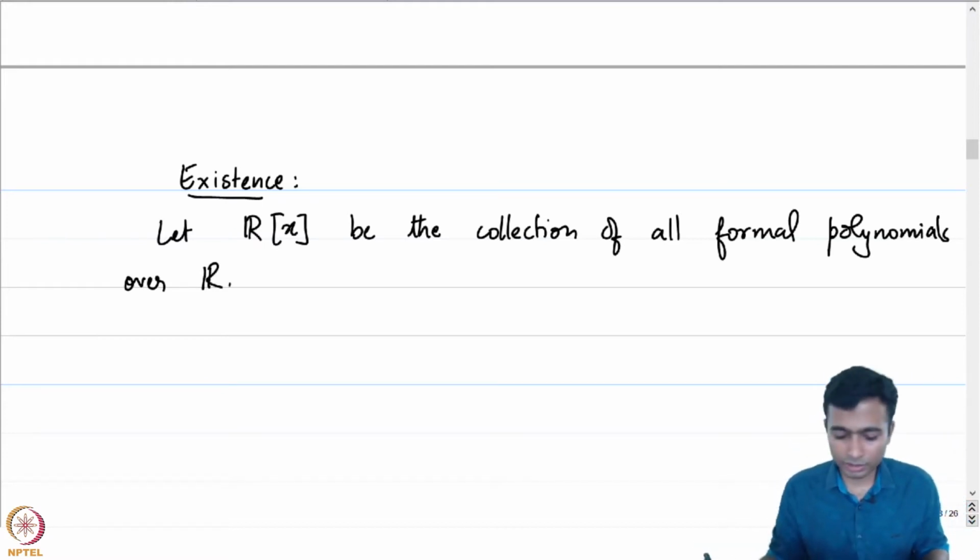So formal polynomials, there is no need to make the distinction here, but nevertheless, let me make the right definitions.